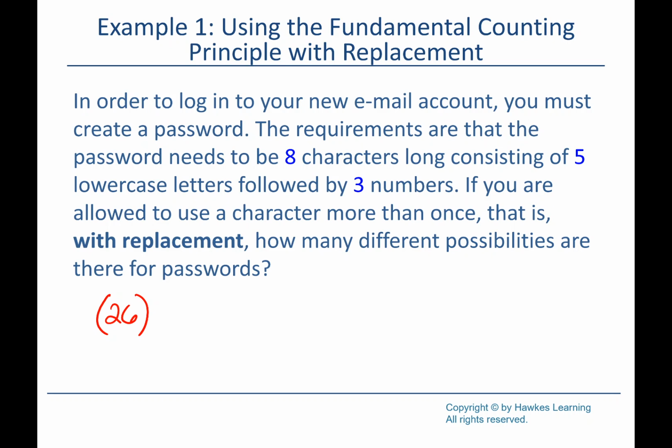So when we go to pick our second letter, we still have 26 choices. And that's going to be the case for all of our letters since we're allowed to use a character more than once, right? So for our first 5 characters, we've got 26 choices each time we pick a lowercase letter. Our first 5 spots.